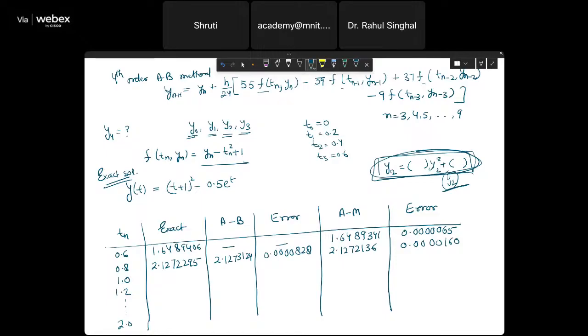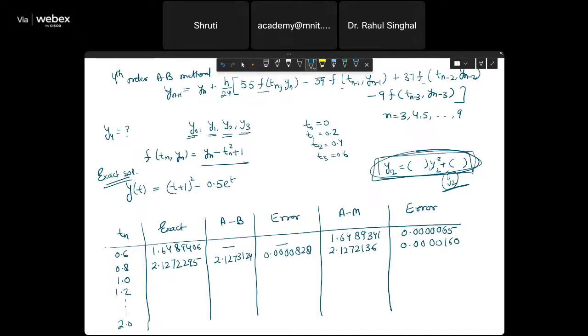So likewise you can move on. I am assuming that you are well aware of these iteration methods, so I'm not giving the details here of how to apply them further. In such situations the idea is only to go for the iteration methods. So that is about this.